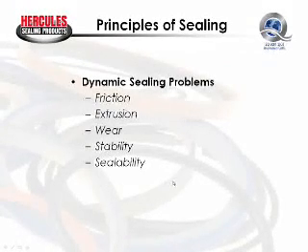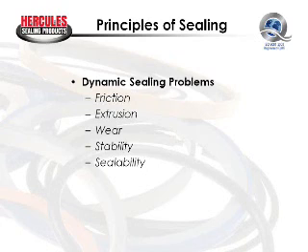Now, seal engineers and you as repair people can use these dynamic sealing problems to evaluate different types of seals for different applications. And we will do this as we move along.